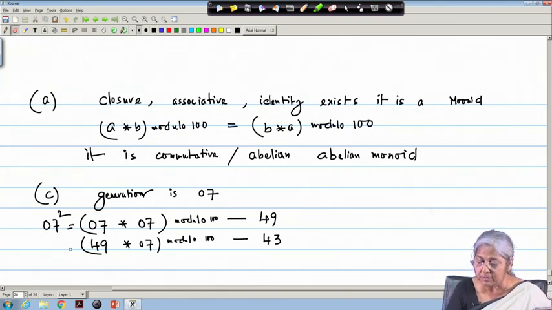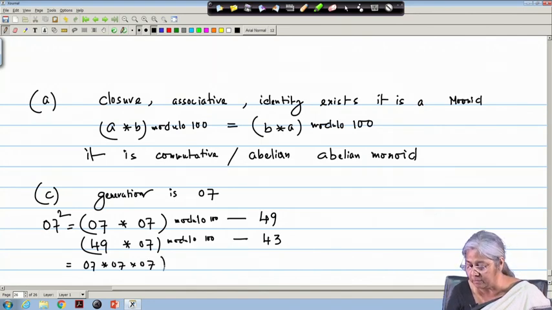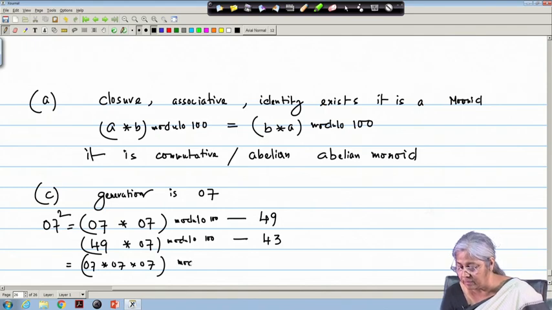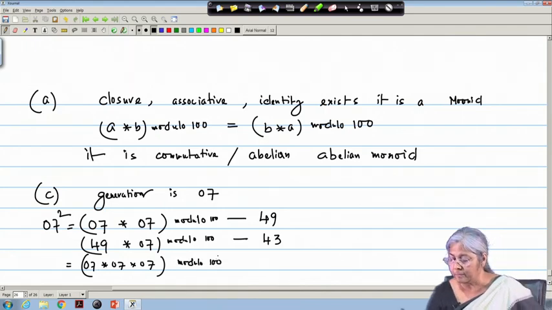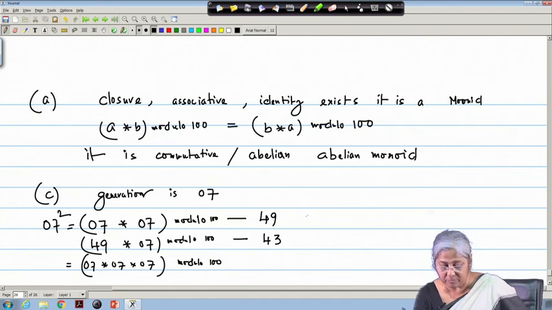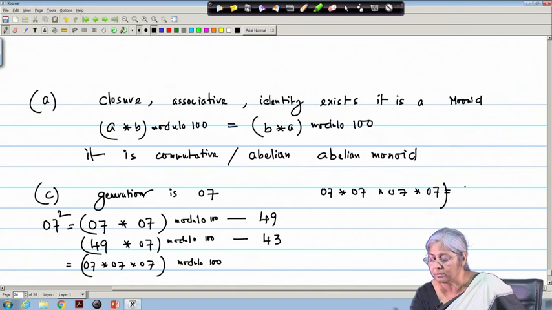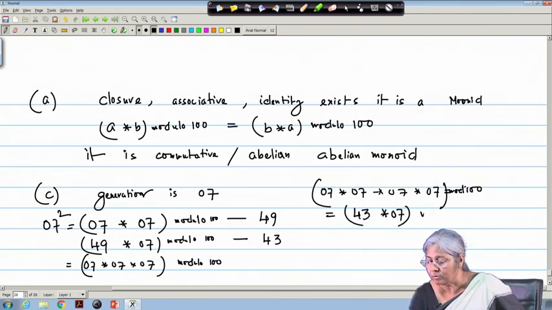I can write the same thing as 07 star 07 star 07, taking power 3 modulo 100, which is 43 star 07 modulo 100.